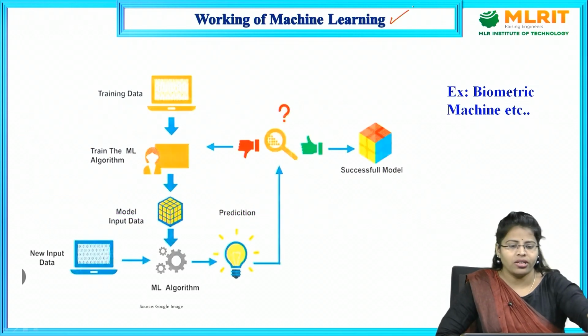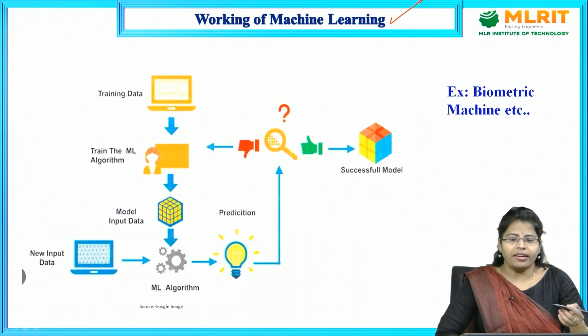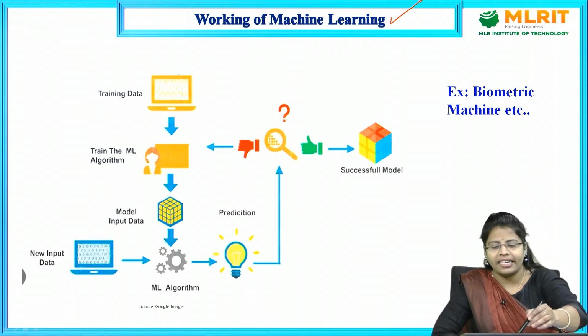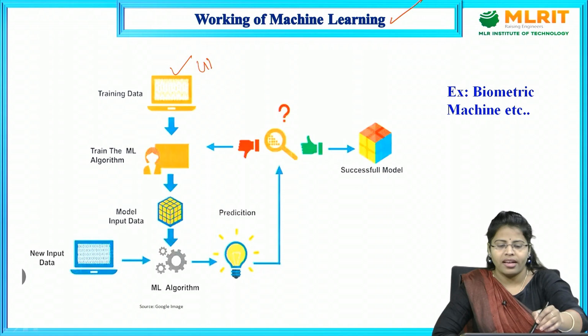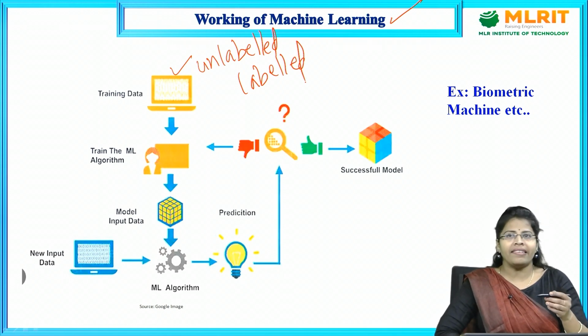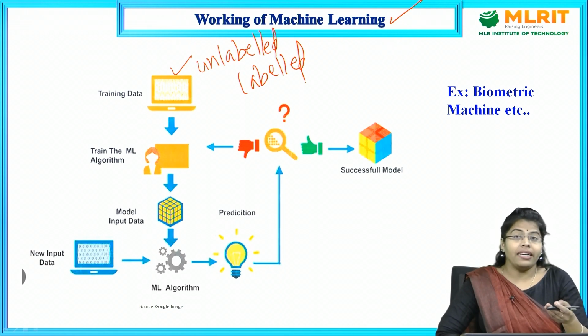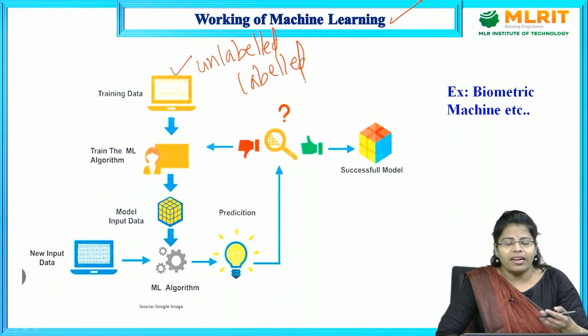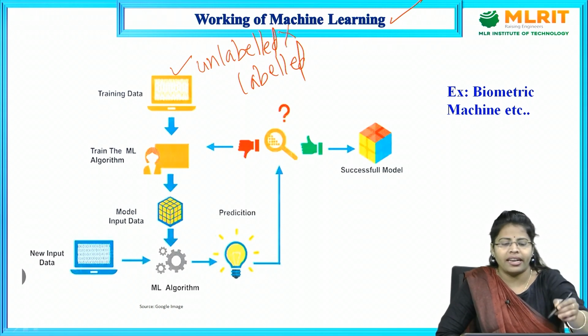Next, coming to the working of machine learning. One of the approaches is that the training data set consists of an unlabeled data set and a labeled data set. A labeled data set consists of predefined tags like name, type or number, whereas an unlabeled data set does not contain any tags.